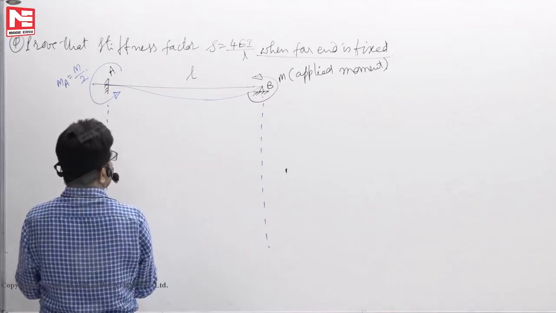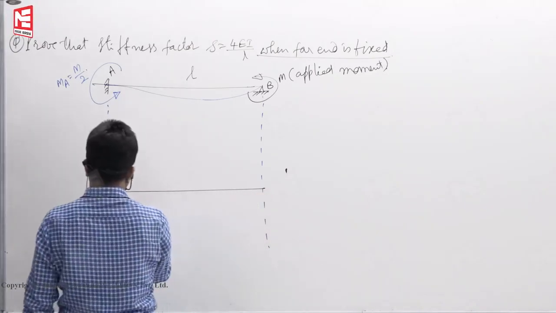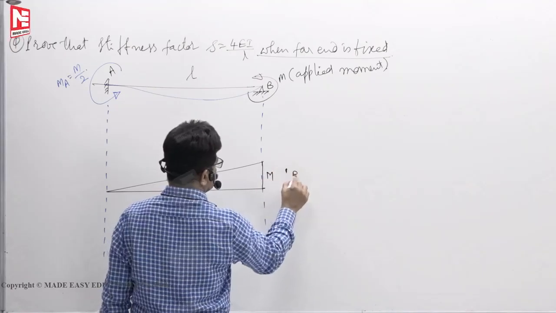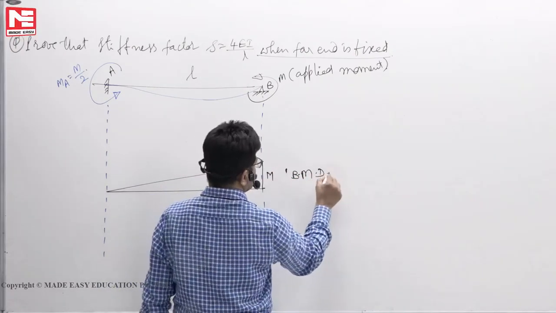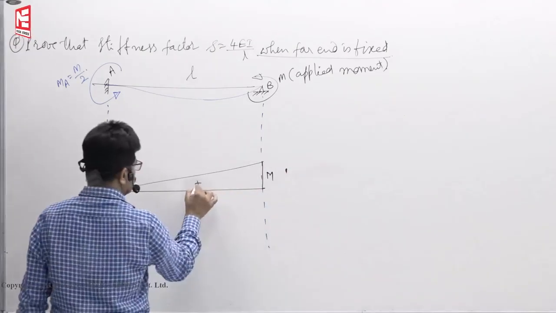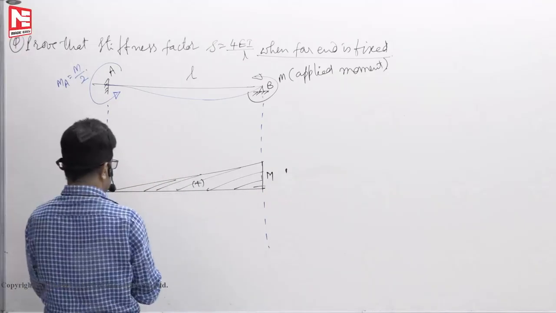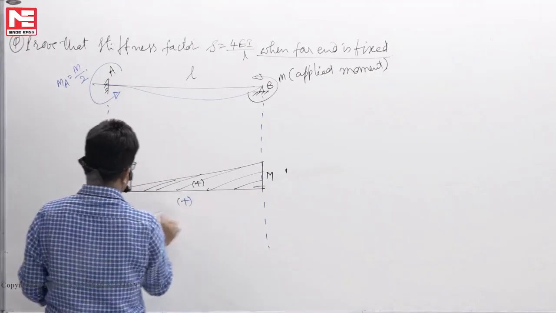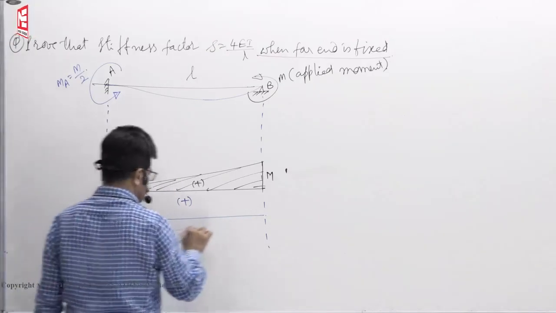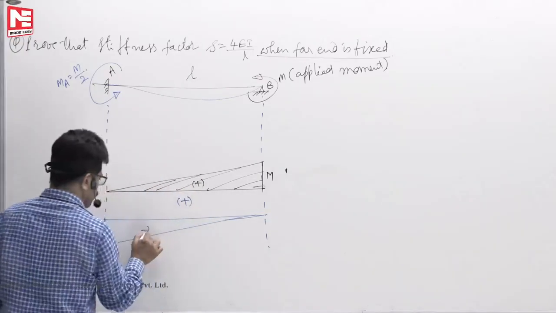So the bend moment diagram due to M alone will go like this, M. This is again the same problem, we don't have to write the same again. Plus the bend moment diagram due to MA, it's negative, minus.